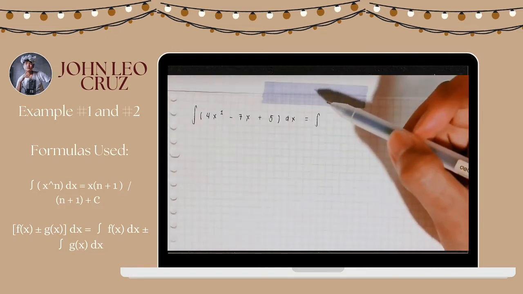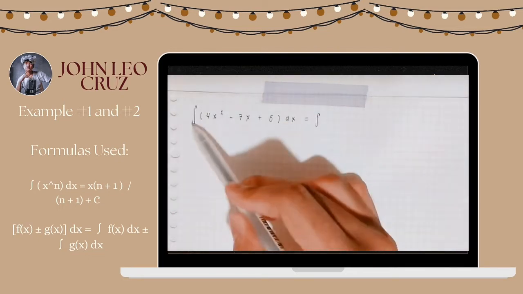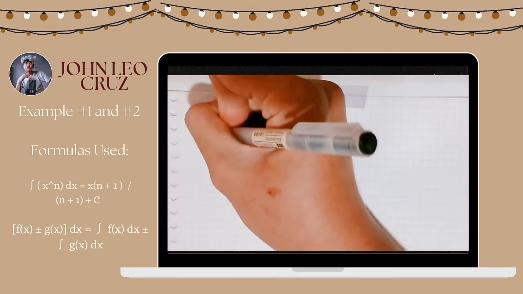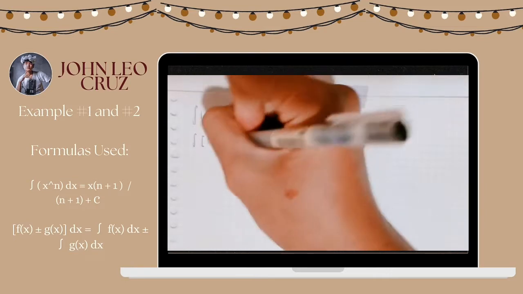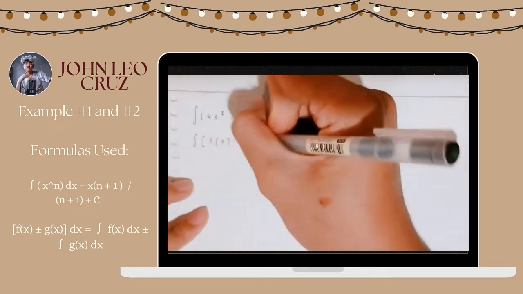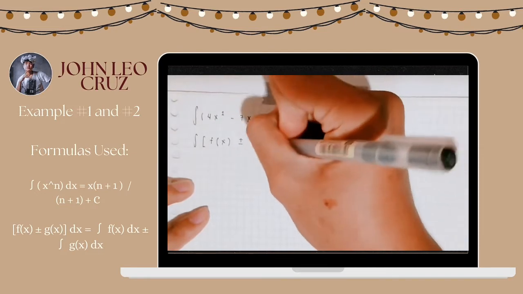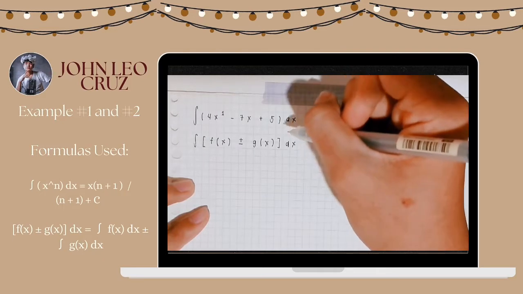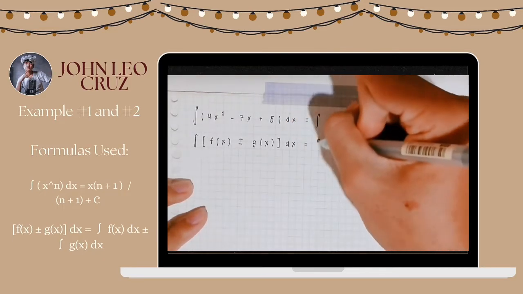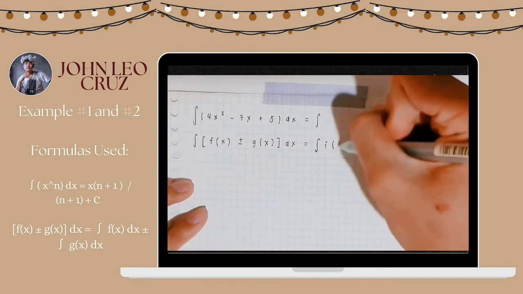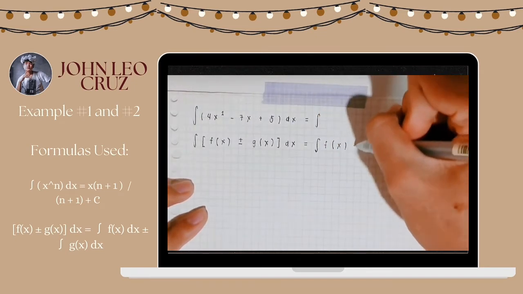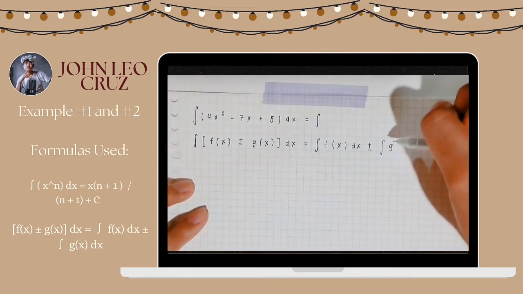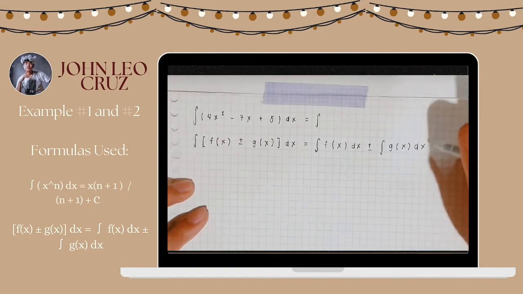In basic integration formulas, if the equation is like this, we can use the formula: the integral of f of x plus or minus g of x times dx is equal to the integral of f of x dx plus or minus the integral of g of x dx.